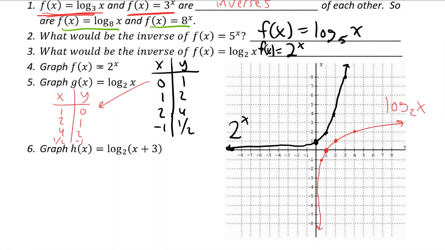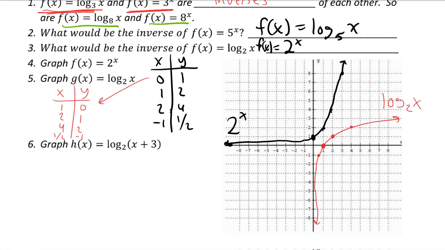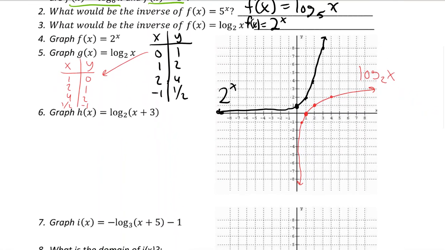If you understand that these are inverses, you can get some points for the function, switch x and y because that's what it means for inverse. Then you can always get some points for your inverse graph. Now of course that's a pretty plain graph, that's just the parent function, so we do like to make some transformations. Now all the same transformation rules apply.